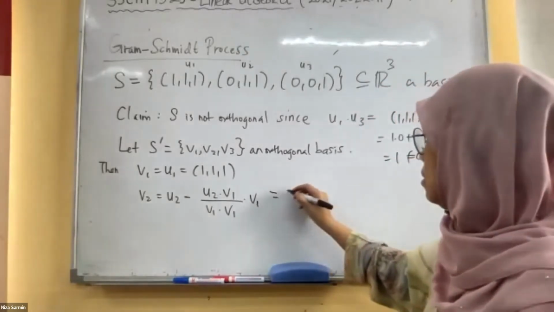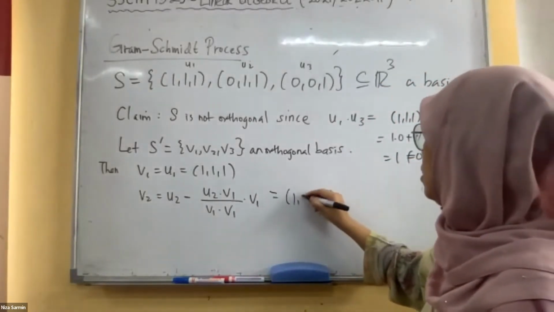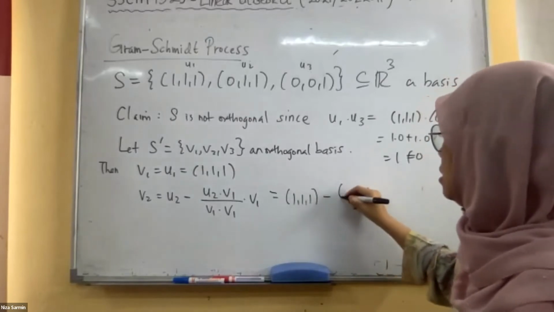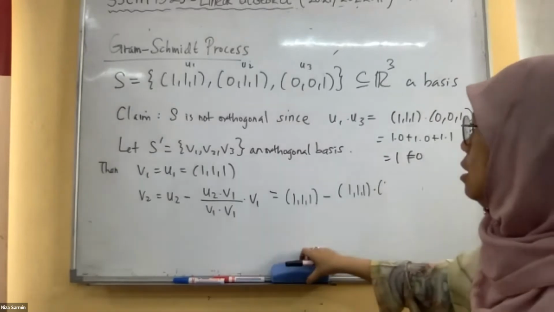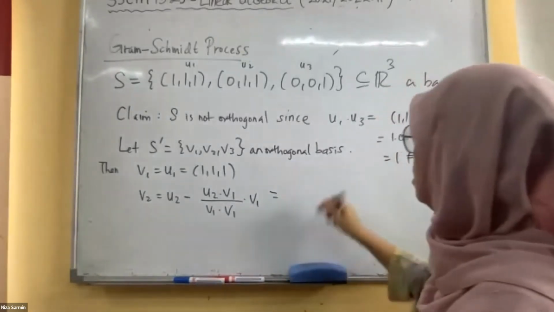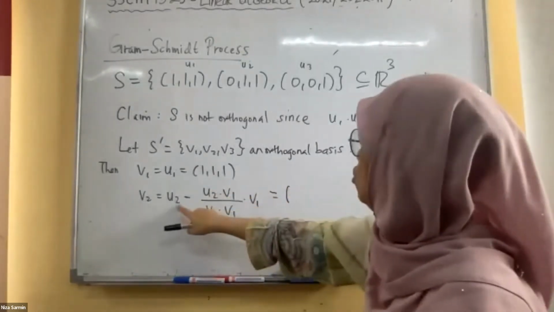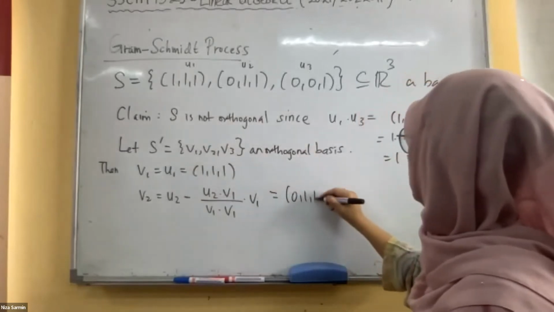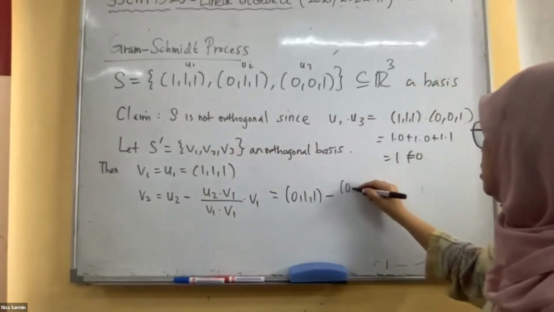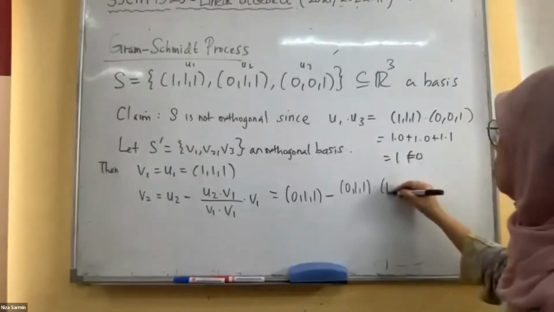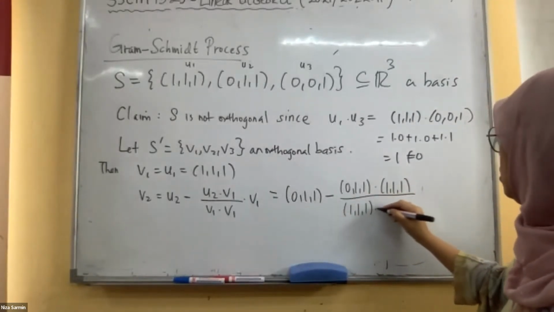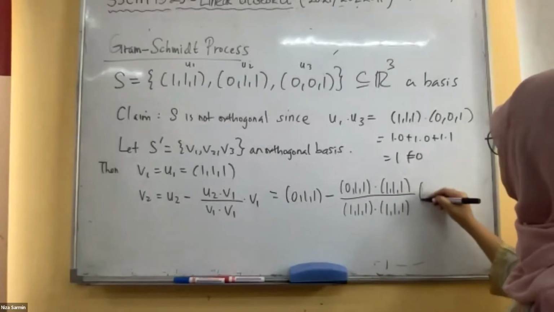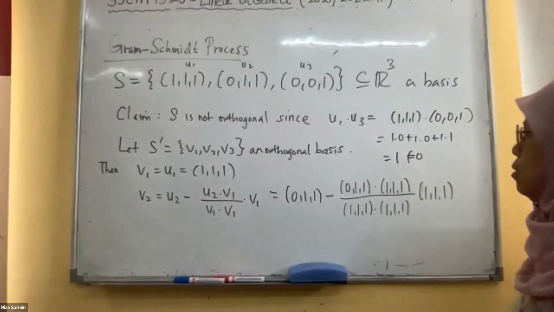So, copy 1, 1, 1 minus 1, 1, 1 dot... hey, who said 1, 1, 1? V, U2: 0, 1, 1 minus 0, 1, 1 dot 1, 1, 1 over 1, 1, 1 dot 1, 1, 1 multiplied by 1, 1, 1.